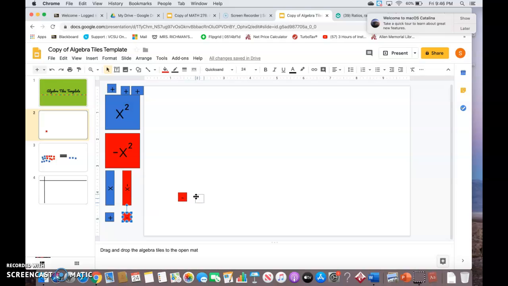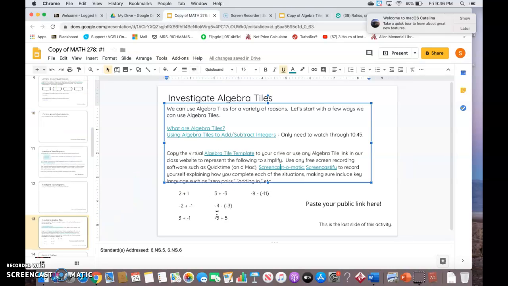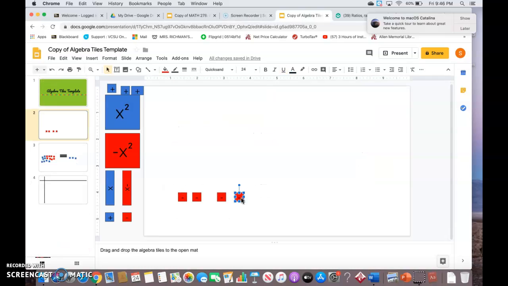Negative 2 plus negative 1. So negative 2 added to negative 1 equals negative 3.